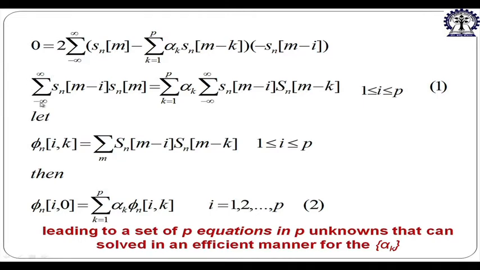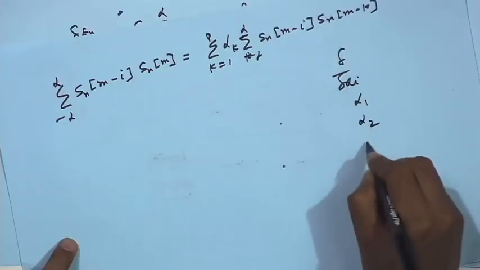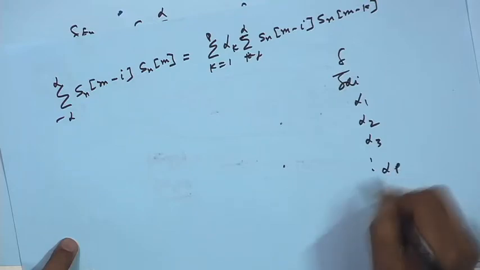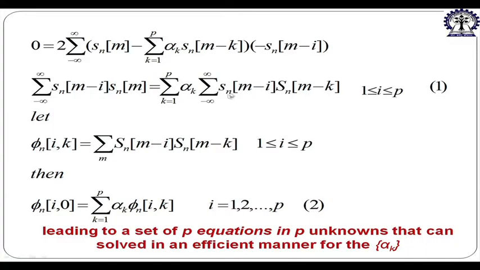So, I can say the sum from minus infinity to infinity of S n m minus i into S n m, this negative I can take this side, equal to the sum over k equal to 1 to p of the sum from minus infinity to infinity of S n m minus i into S n m minus k, where i can vary from 1 to p, because I am taking the derivative with respect to the first factor alpha 1, with respect to the second factor, up to alpha p. That is why i will be 1 to p.